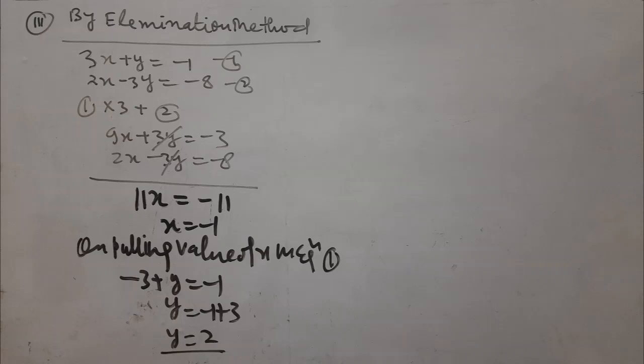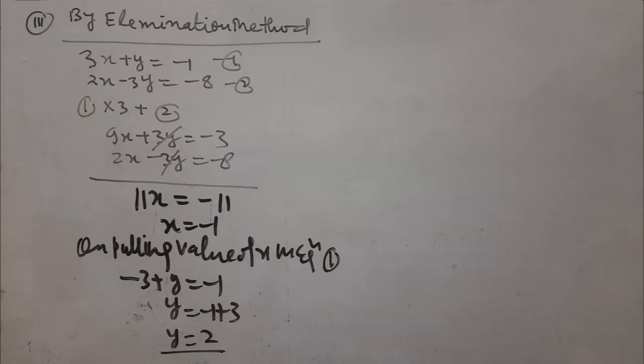To make the coefficient of y equal, multiply equation 1 by 3. Then it will become 9x plus 3y equals minus 3. Now we will add it to the second equation. 9x plus 3y equals minus 3 and 2x minus 3y equals minus 8. 3y cancels with minus 3y. 9x plus 2x is 11x equals minus 11. x is equal to minus 1.